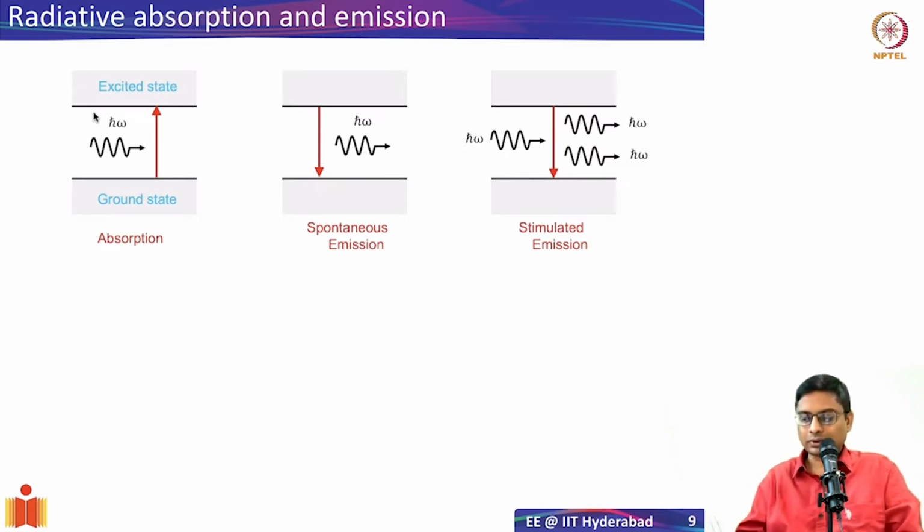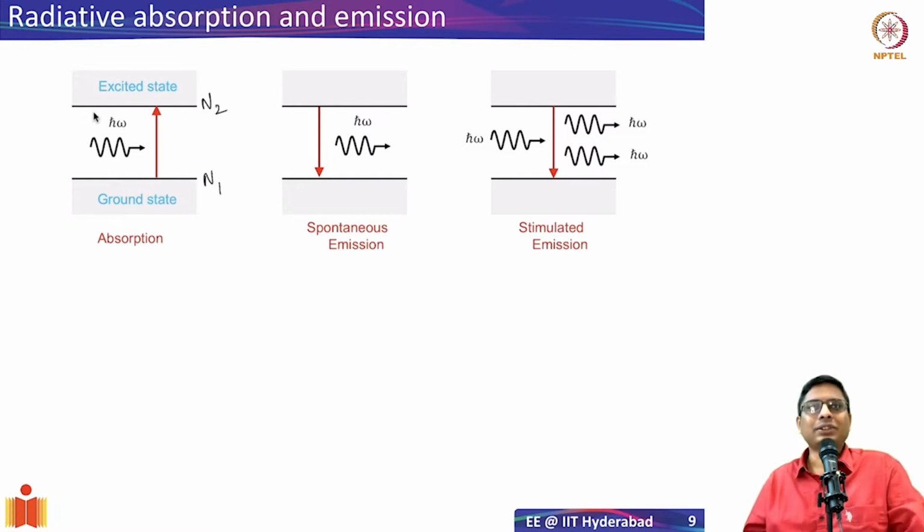So basically, let's look at a two-level system. I have the ground state, which I'll call state number 1, and the number of atoms in that state I'll call N1. Similarly, I can have an excited state, which I'll call 2, and the number of atoms in the excited state is N2.